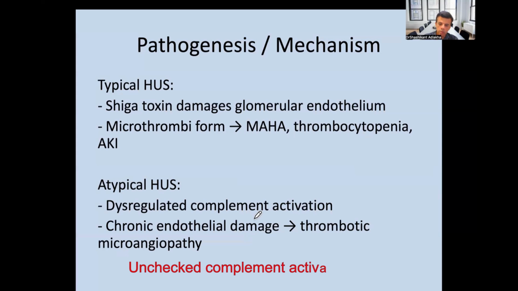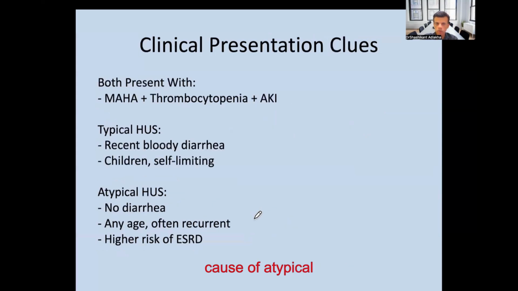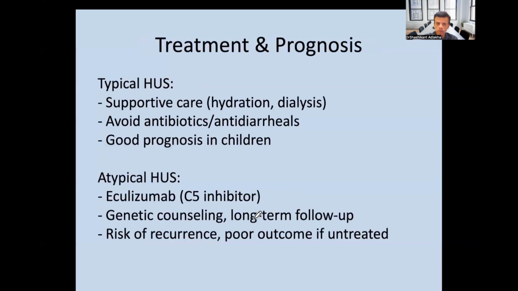Unchecked complement activation is the cause of atypical HUS. Both present with the same features, and generally the age difference is there. Atypical HUS can occur at any age, most commonly in adults, and is difficult to treat, and may result in end stage renal disease as well.